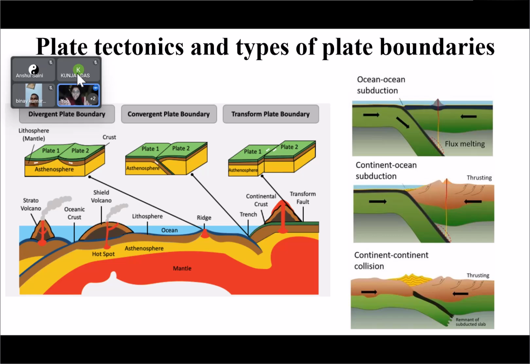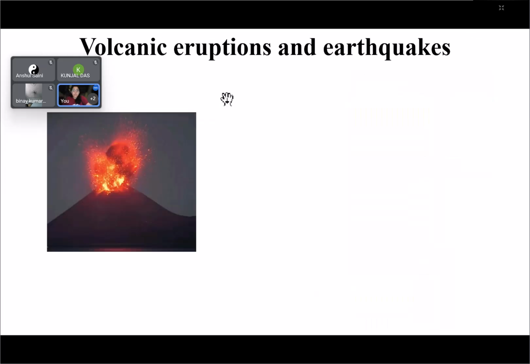This tells you, let's say, what is divergent plate boundary, what is convergent plate boundary, what is transform plate boundary, and which of these gave rise to what landform, and what does it lead to. There is earthquake, there is volcanic eruption that are related to these tectonic movements. So plate tectonics and all the subsequent topics are very important. Please revise them vigilantly. You will see the next topics are those.